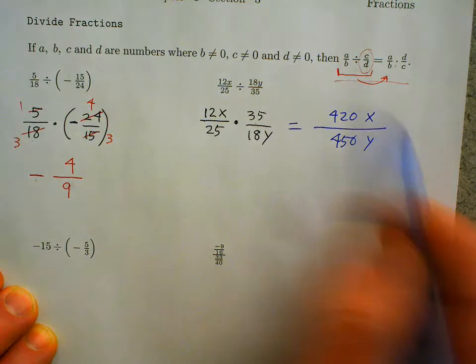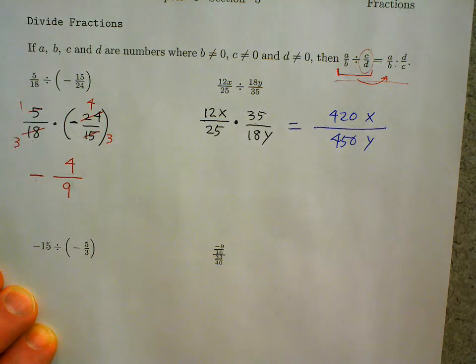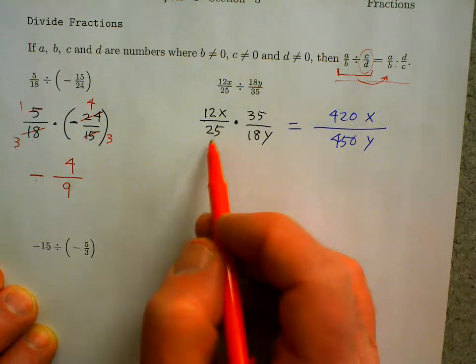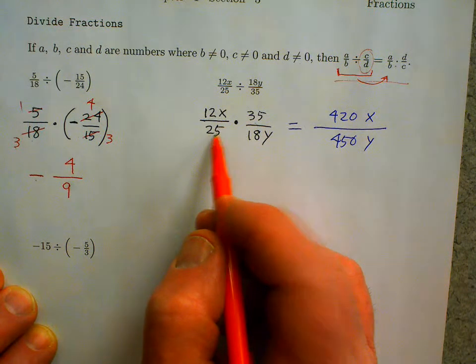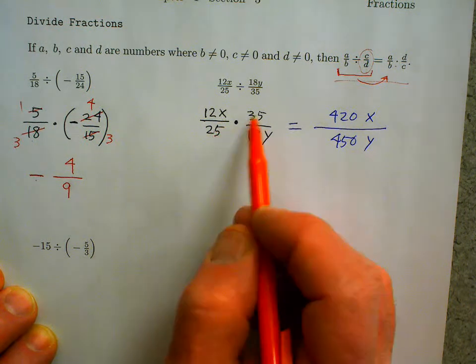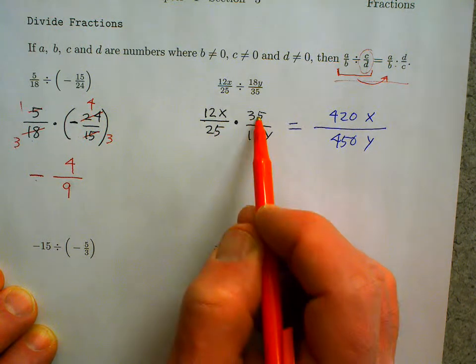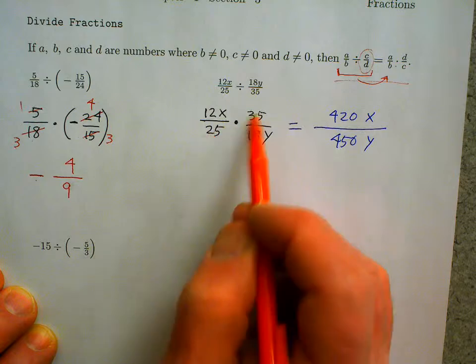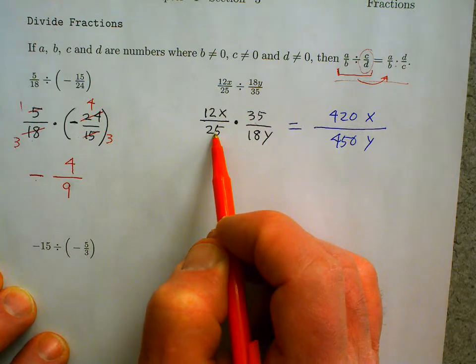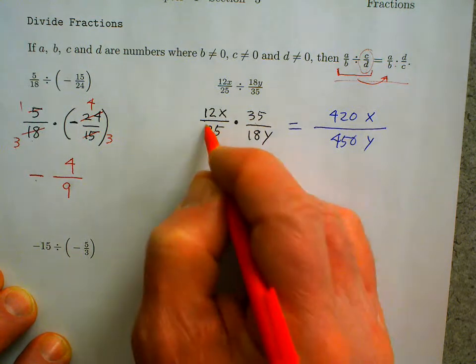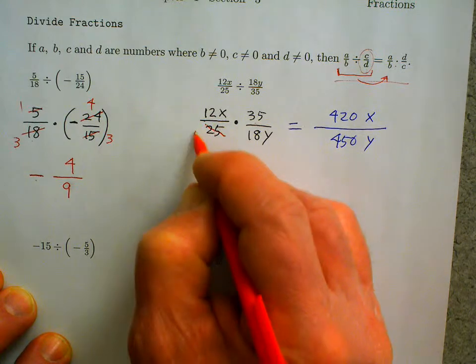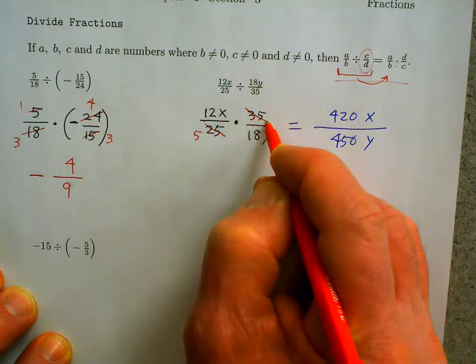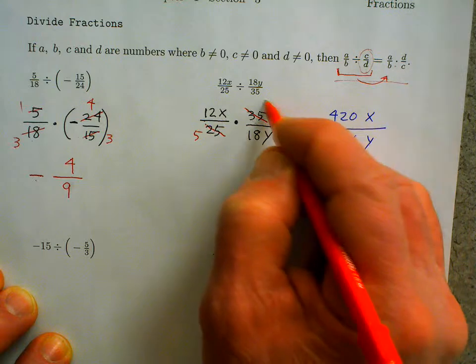This one turns out that it wouldn't be so bad, but I'm still going to suggest that we use the shortcut approach. Let's compare the denominator 25 with the numerator 35. The greatest common factor is 5. 5 goes into 25 5 times. 5 goes into 35 7 times.